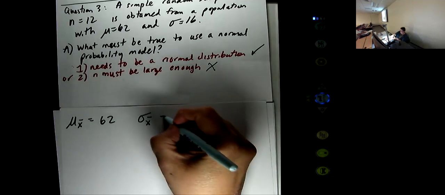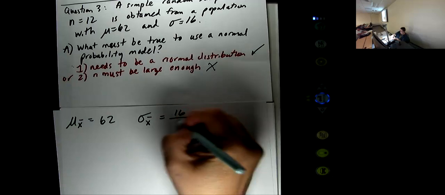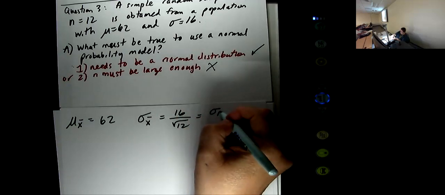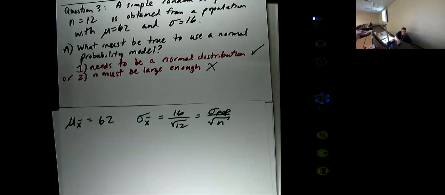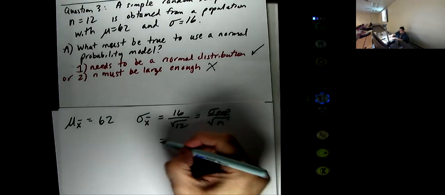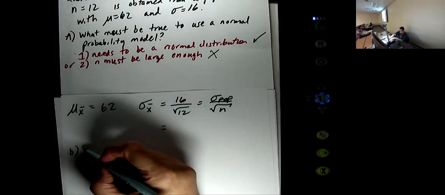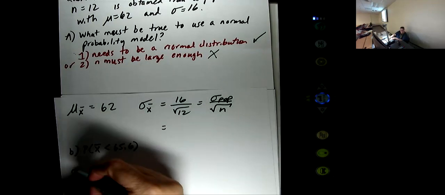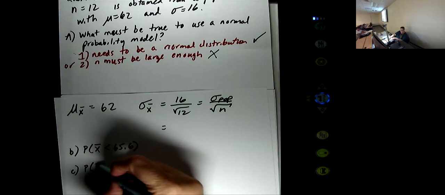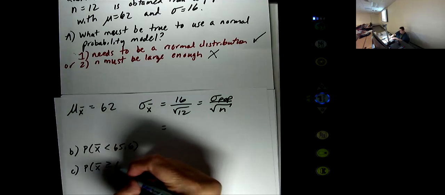Sigma x bar is going to be 16 divided by the square root of 12, which is the population standard deviation divided by the square root of n. Now, I don't know what that value is, but we need it for the next spot, because parts B and C ask the following. I'm going to write down a value for that in a second. B says, what's the probability that X bar is less than 65.6? And C says, what's the probability that X bar is greater than or equal to 63.8?